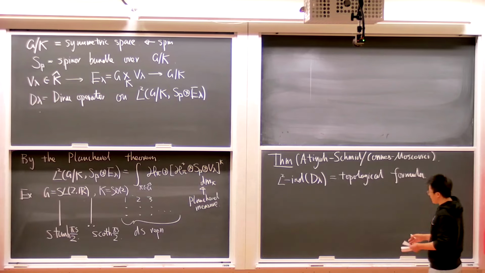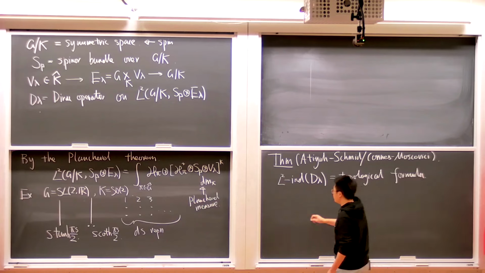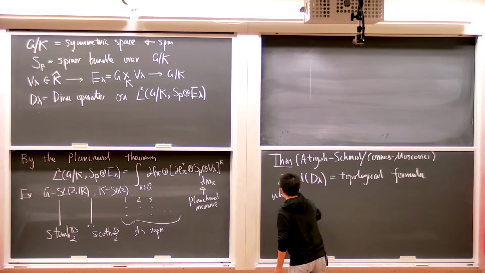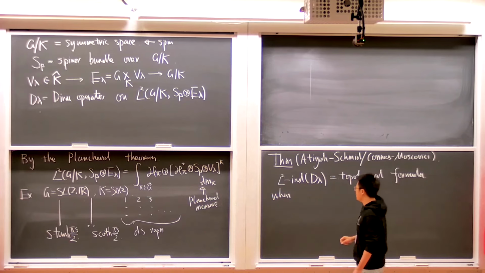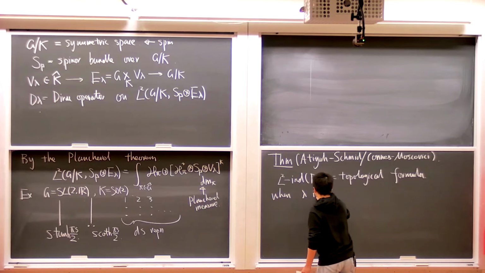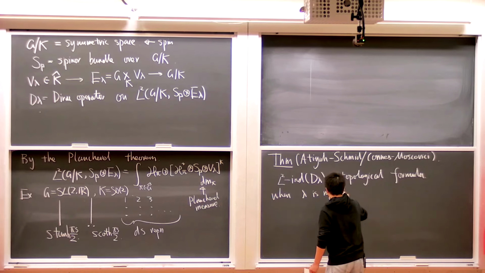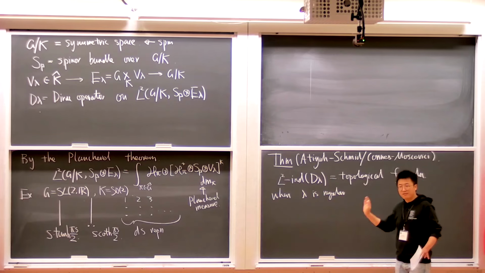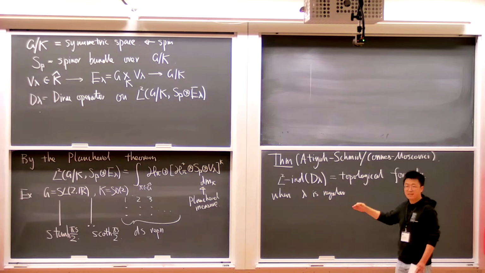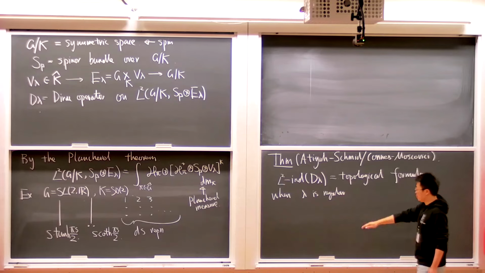What they showed is that when lambda, the highest weight for the K representation V lambda, is regular, I will define regular later. I'm not going to give a definition now, but later I will tell you what I mean by regular.